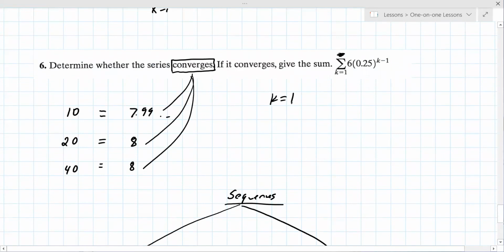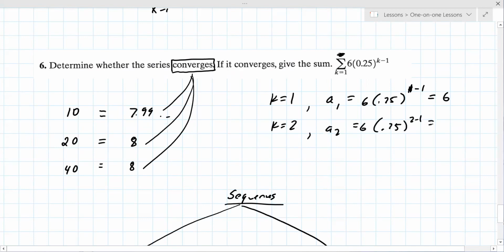Let's let k equal 1. What is the value of this sequence, just this part, not the sum part? It's 6 times 0.25 to the k minus 1, which is really the 1st power, so this ends up equaling 6. Let's let k equal 2. A sub 2 is 6 times 0.25 to the 2 minus 1 power, which ends up equaling 1.5.